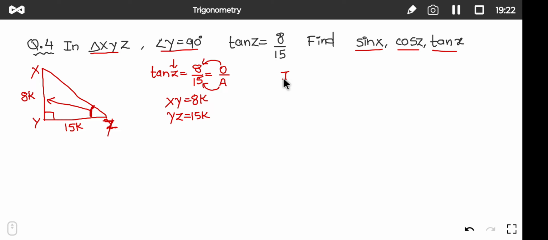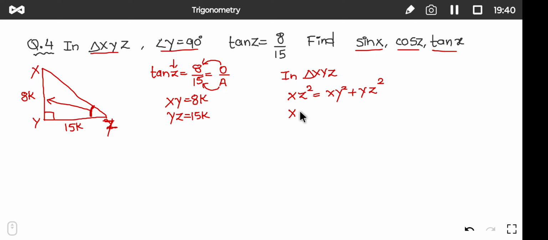So in triangle xyz, by using Pythagoras theorem, square of the hypotenuse, so hypotenuse is xz, so xz square is equal to xy square plus yz square. So xz we have to find out. So xz square is equal to xy, which is 8k, so 8k the whole square, plus yz, which is 15k, so 15k the whole square.